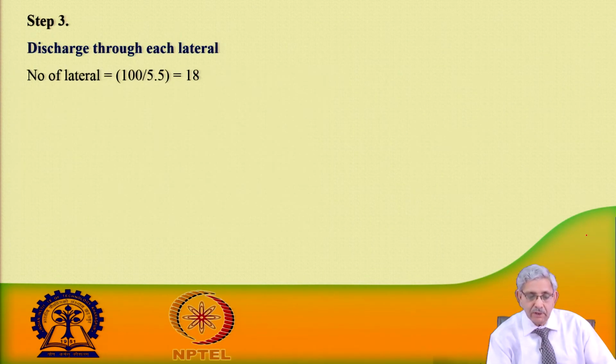So, this way we are getting the number of plants which can be irrigated. Now, we will work out what is the discharge through each lateral. So, first of all let us try to know the discharge through each lateral. First we will calculate the number of laterals. So, the number of laterals is given by the 100 meter width of the field.